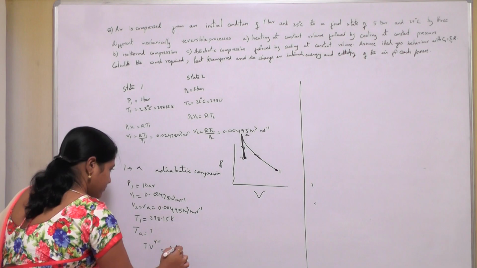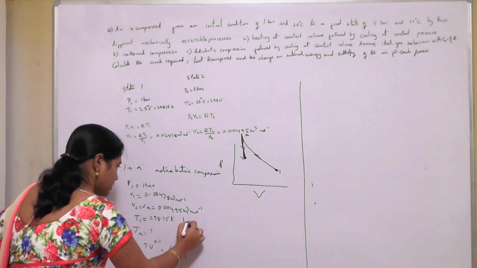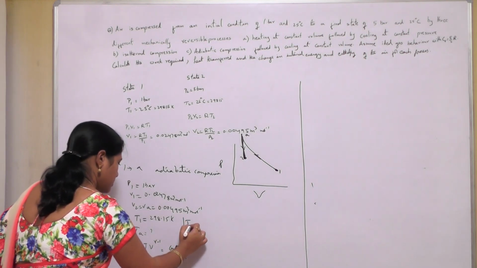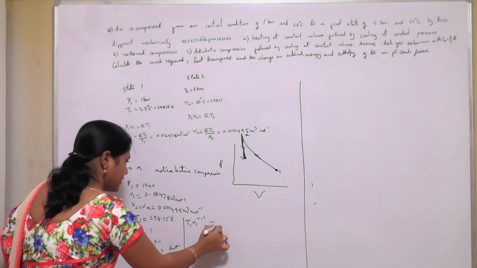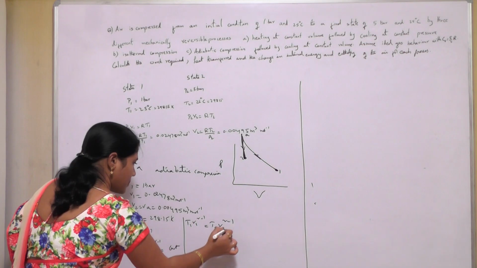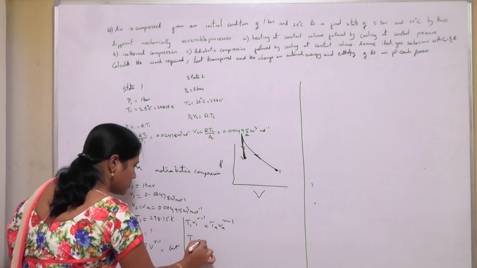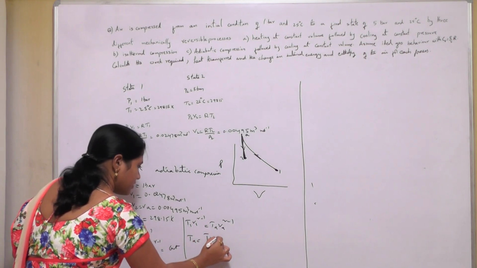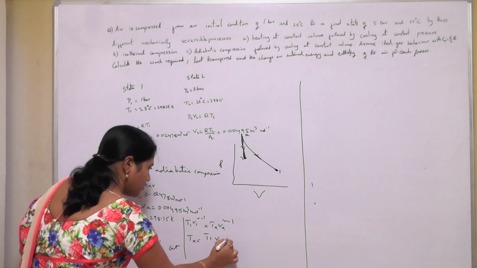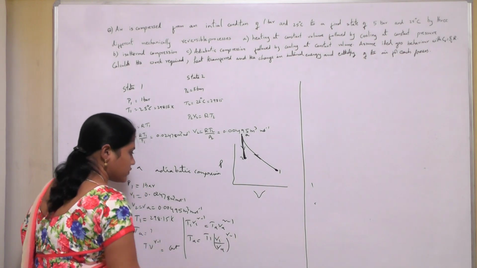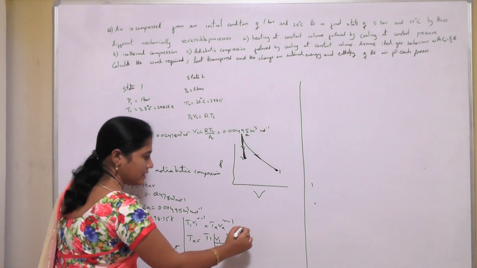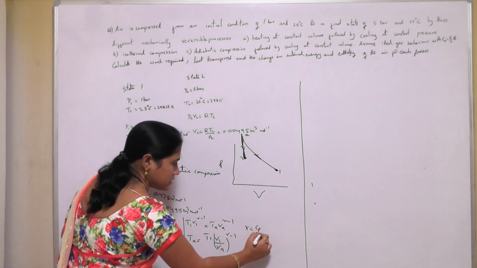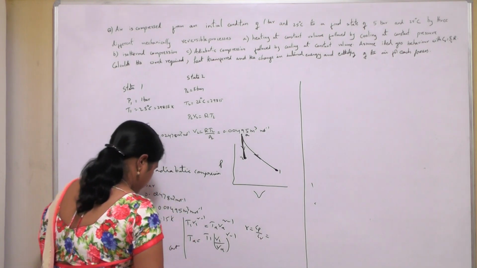So T1 V1^(gamma minus 1) equals TA VA^(gamma minus 1), or TA equals T1 (V1 by VA)^(gamma minus 1), where gamma is nothing but Cp by Cv.